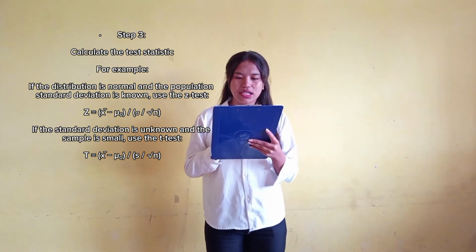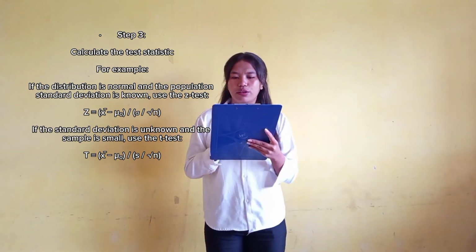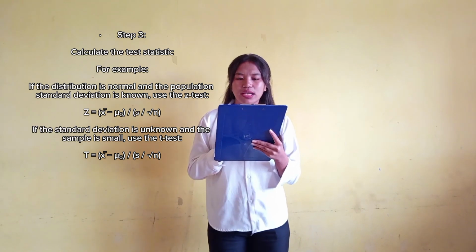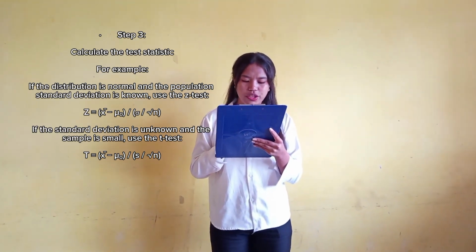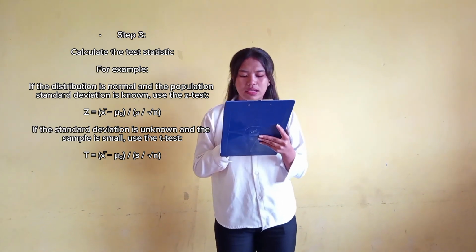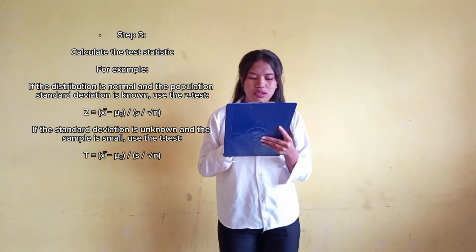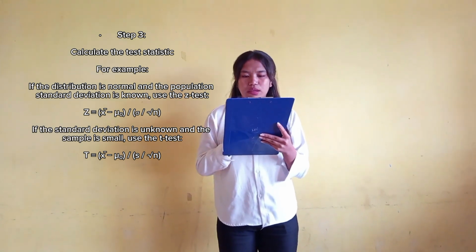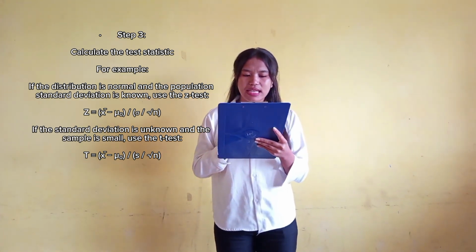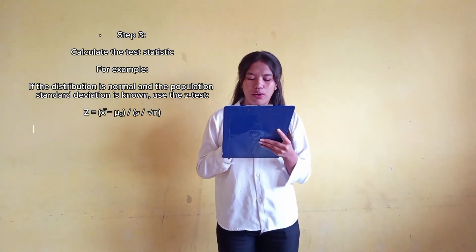Z equals x bar minus mu 0, divided by sigma divided by square root of n. If the standard deviation is unknown and the sample is small, use the t-test. T equals x bar minus mu 0, divided by s divided by square root of n.